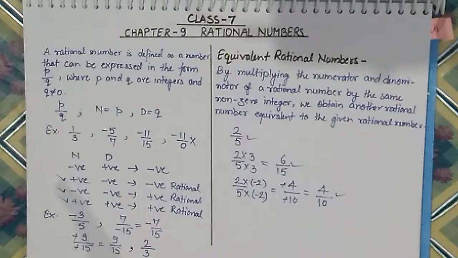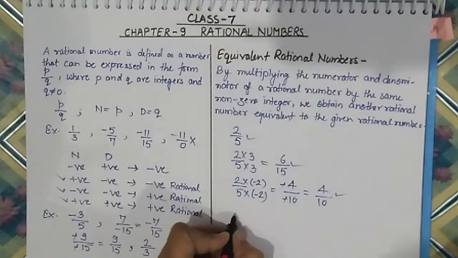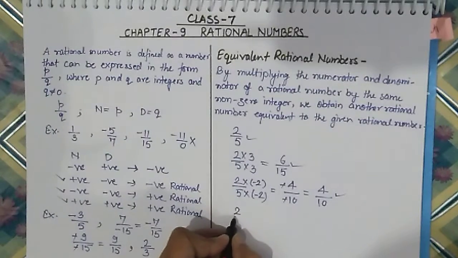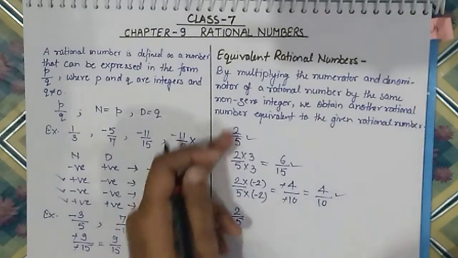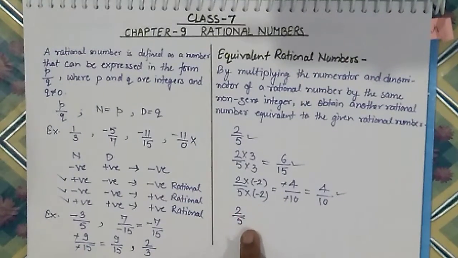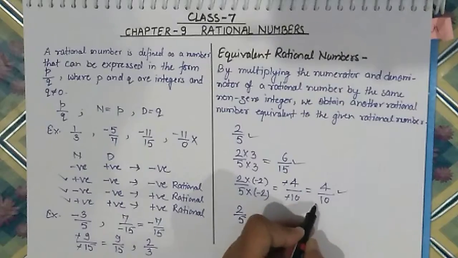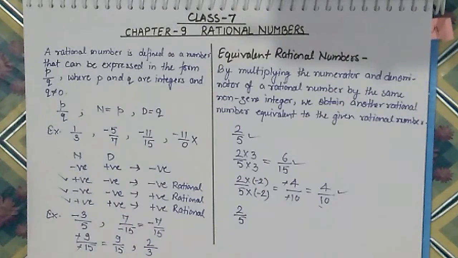Like 2 by 5, which we already wrote, is in standard form, because in 2 and 5 the only common factor is 1.